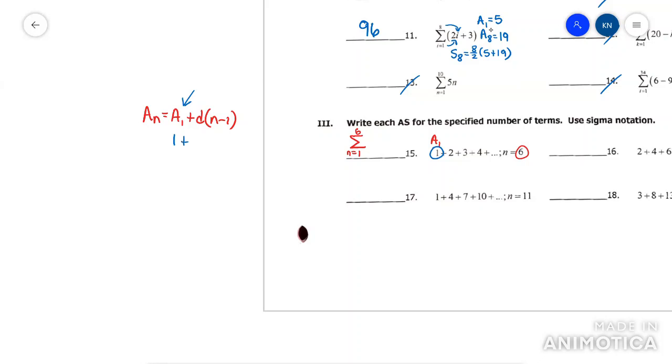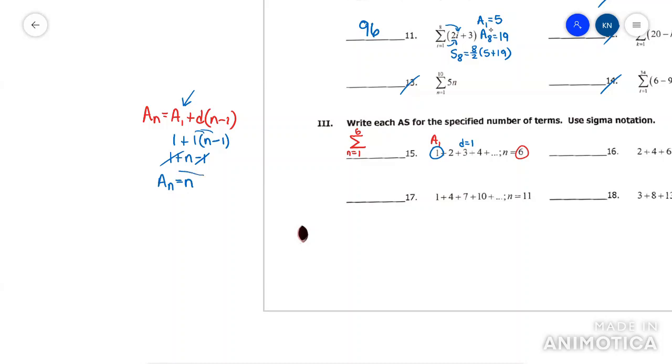And you know the rate by looking at the sequence here, or the series. You're going up by 1 each time. So now you just clean this up a little bit. So you'll distribute the 1. And then these 1 minus 1 cancel. And you get a sub n is just n.